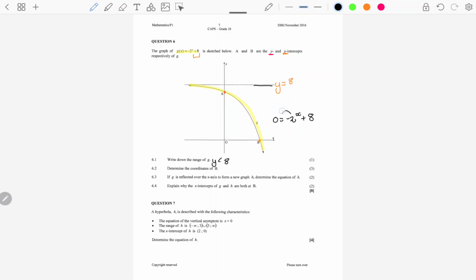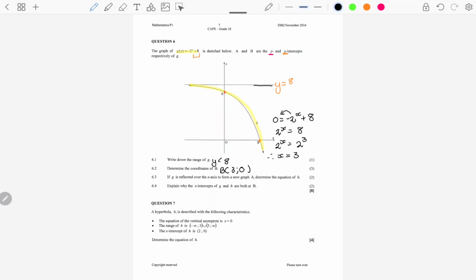Then let's bring this to that side. 2 to the power of x is equal to positive 8. 2 to the power of x is also equal to 2 to the power of 3. Since that's also equal to 8 and we're making them have the same base, therefore x will be equal to 3. Therefore point B is (3, 0).